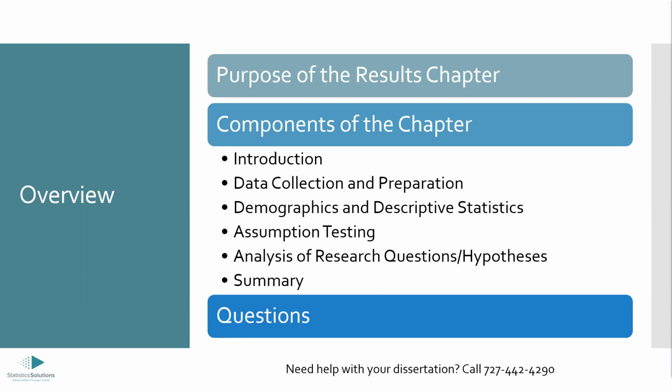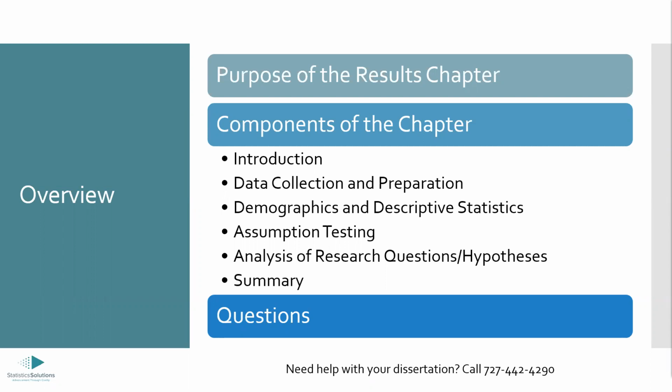So first, we'll talk about the purpose of the results chapter and why it's important to the dissertation. And then we'll spend the majority of the presentation going over the different components of the results chapter. So starting with the introduction, we'll talk about data collection and preparation, the demographics and descriptive statistics, and we'll talk about assumptions testing, and the analyses for the research questions, and then the summary.